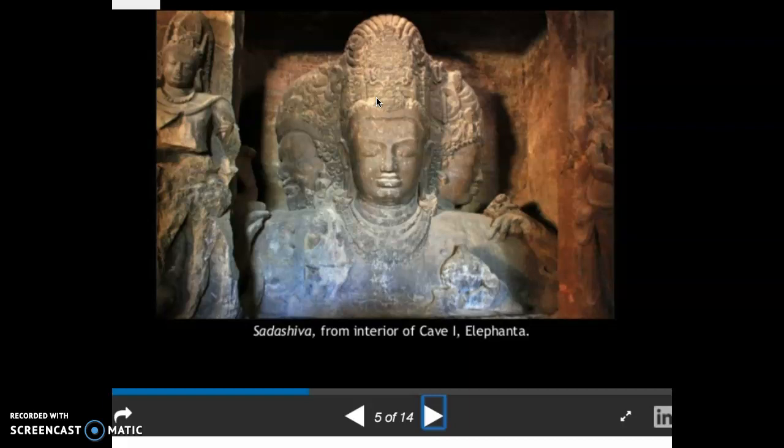And the middle face is called the Sadyojata, which represents Shiva's most essential and serene form. So it's his most absolute knowledge that's being transmitted through the imagery of this forward-facing emanation of Shiva.